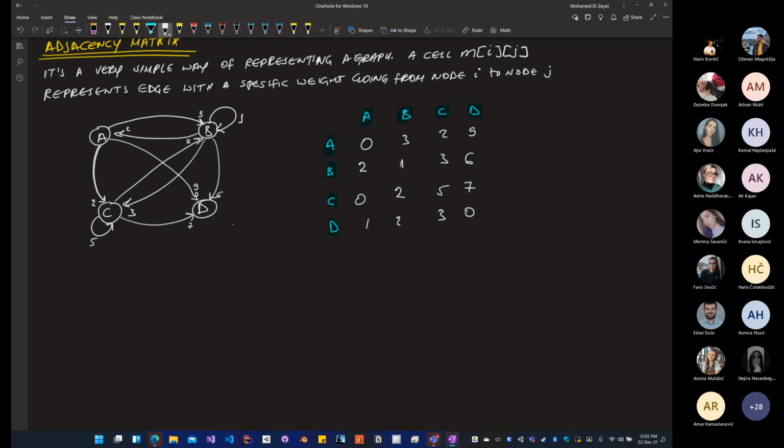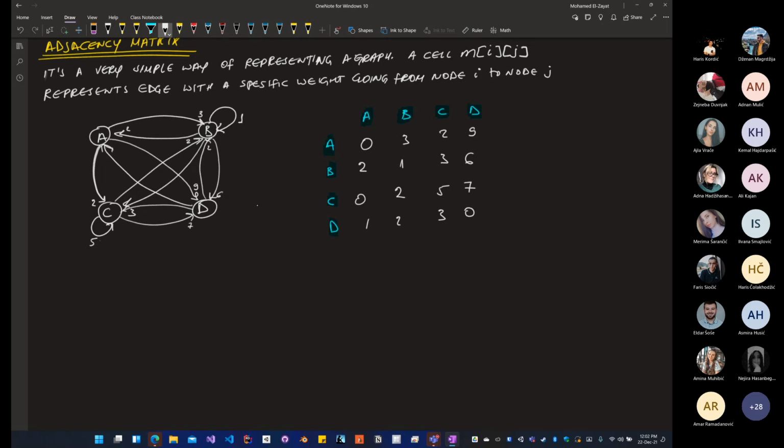And D with A is 1, and with B is 2. Right now it became a mess actually. With C is also 3, I will not write it down again, and with D is 0. So you have a graph that looks like that approximately. Hopefully I didn't forget anything.